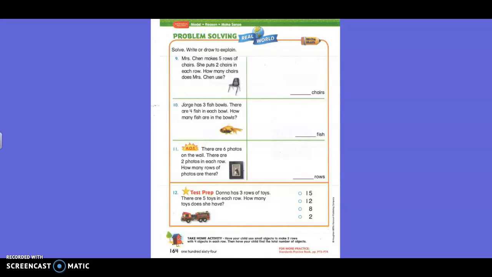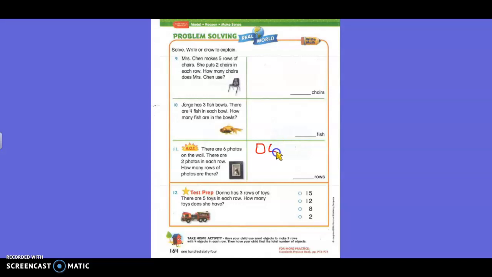Now, number 11 is the hard problem. We will do number 11 together. There are 6 photos on the wall, okay? 6 total photos on the wall. So I'm going to draw 6 photos. Well, actually, it says 2 photos in each row. So I need to erase this.